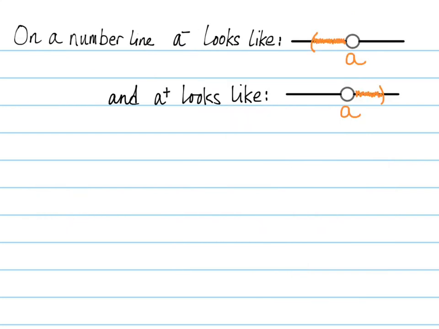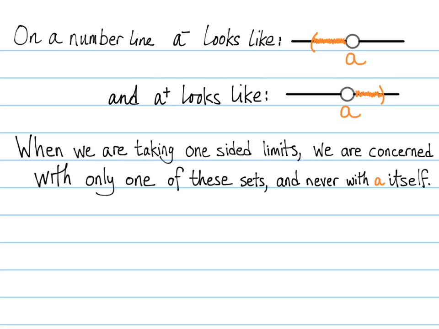On a number line, there's these symbols a minus and a plus. A minus looks like all of these numbers getting closer and closer to a from the left-hand side. And a plus looks like numbers getting closer and closer to a from the right-hand side. So when we're only taking one-sided limits, we're concerned with either the numbers on the left or the numbers on the right, but not both.